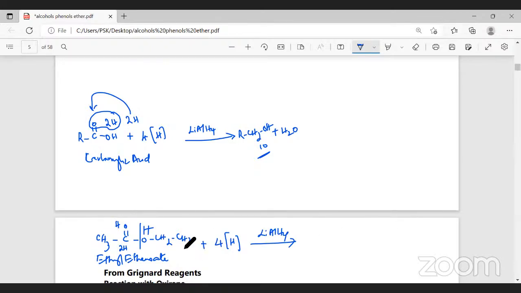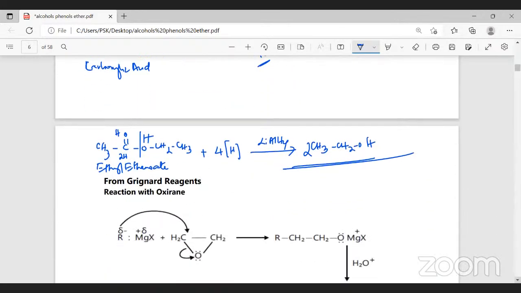So what do I have? In the first case, I have CH3, CH2, OH. The second case you can see is CH3, CH2, OH. So you get 2 moles of ethanol. You followed? Yes, sir. Till here we have done in the last class.